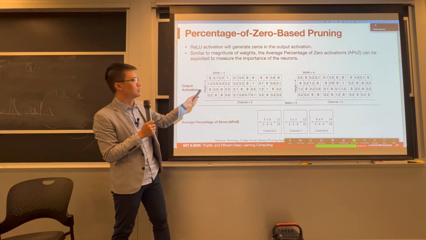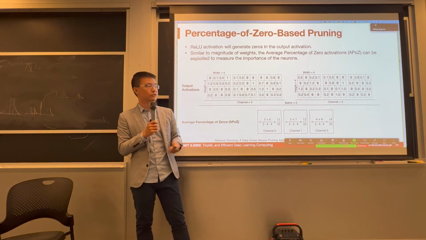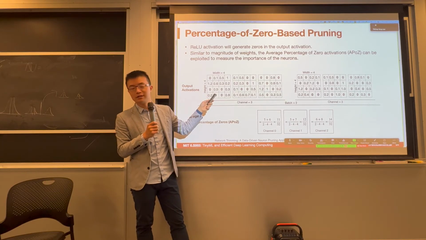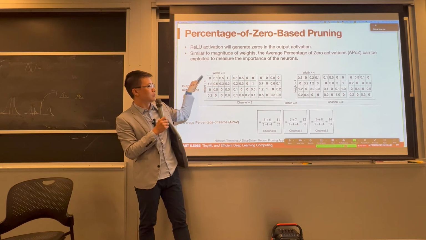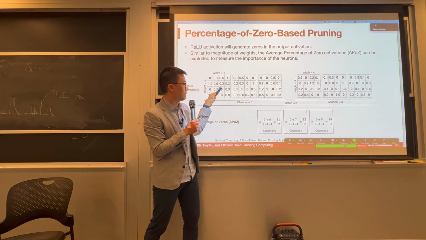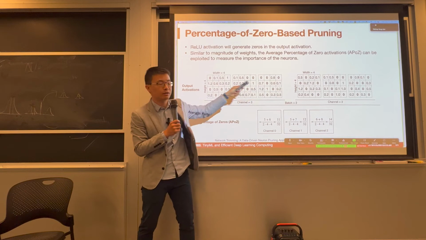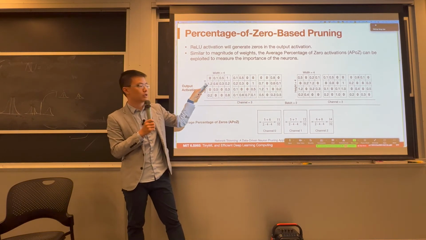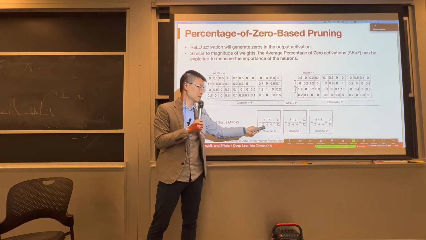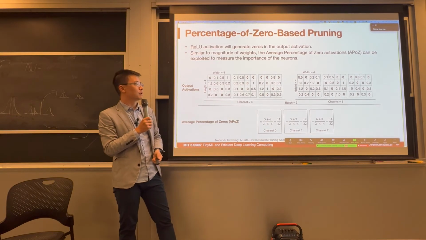So let's look at these three channels separately. For the first channel, what is the percentage of zeros? We have one image and another image, each 4 by 4. So in total, how many pixels? 2 times 4 by 4, and that's the denominator.